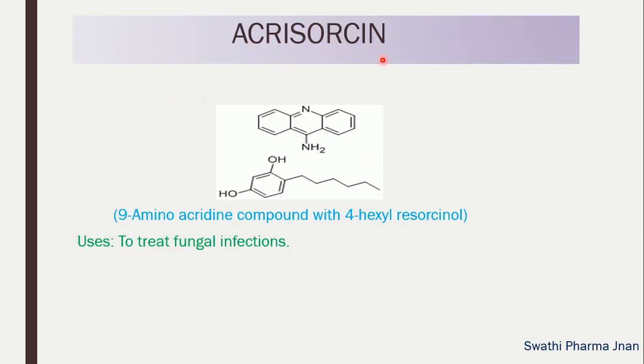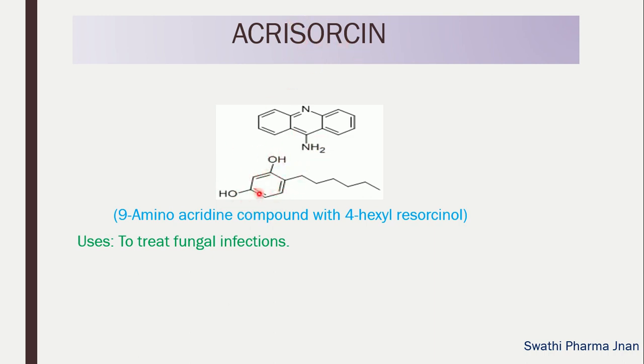Acrisorcin is a miscellaneous category of antifungal agent. Acri indicates acridine is present. You can see here the acridine ring is the basic nucleus. Two phenyl rings, and in between one pyridine ring is fused. That structure is called the acridine structure. To this acridine structure, an amino group is attached, and resorcinol is present. Sorcin indicates resorcinol.